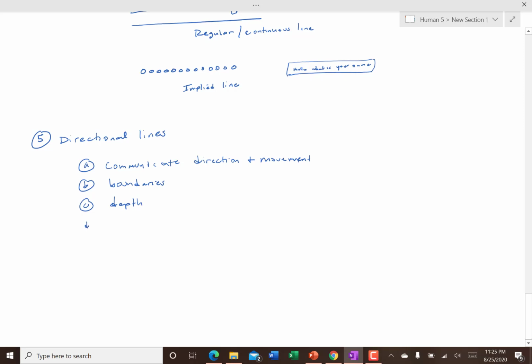The purpose of directional line is in the word: to direct our attention to a specific point. So the goal when an artist uses directional lines is to get you to look, because our eyes naturally look at certain things based on where we're guided.